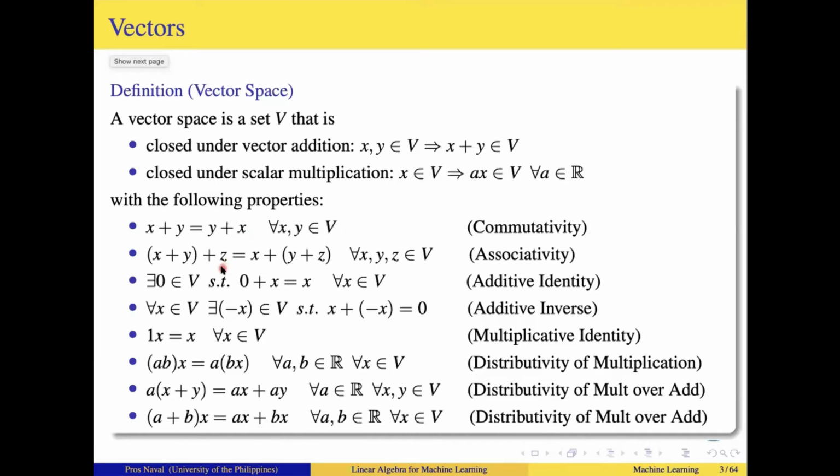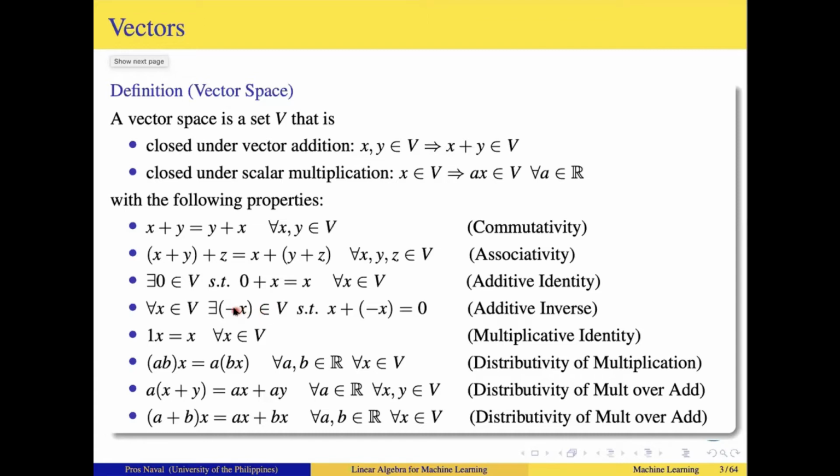Associativity means that the sum of three vectors remains the same regardless of how the vectors are grouped. The third is existence of the additive identity. This tells us that there is a zero vector which has zero magnitude and no direction, and this zero vector, when added to any vector, will not change that vector.